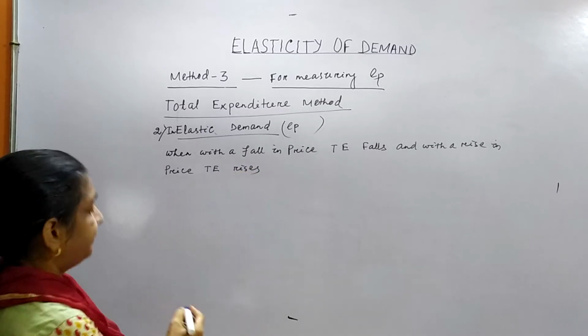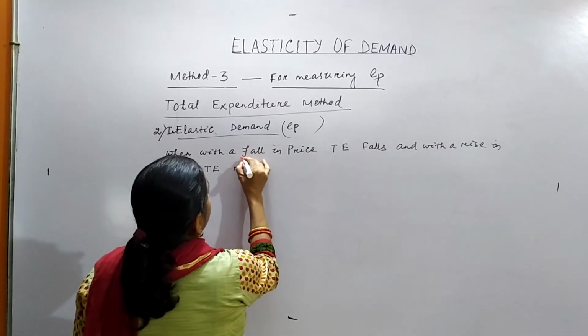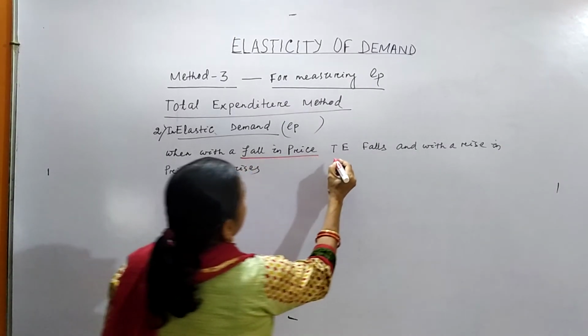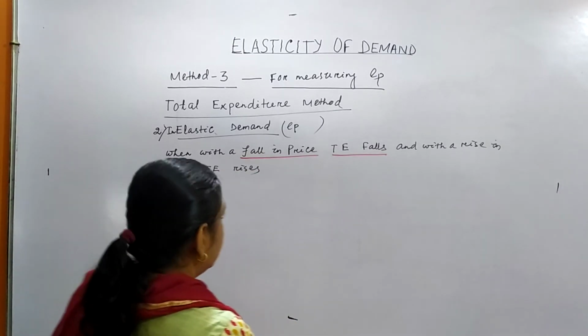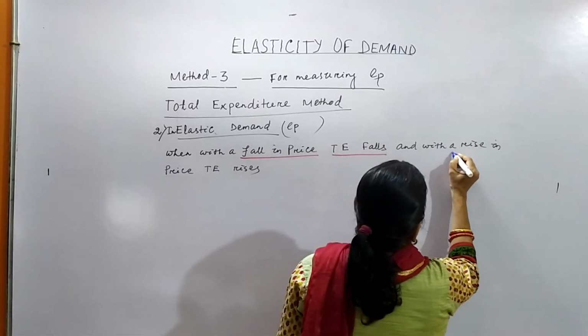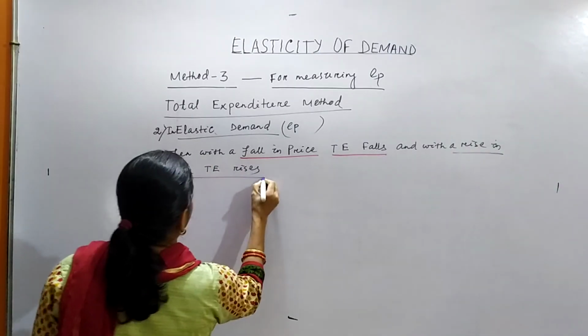What do we see here? Fall in price, total expenditure also falls. With a rise in price, total expenditure also rises.